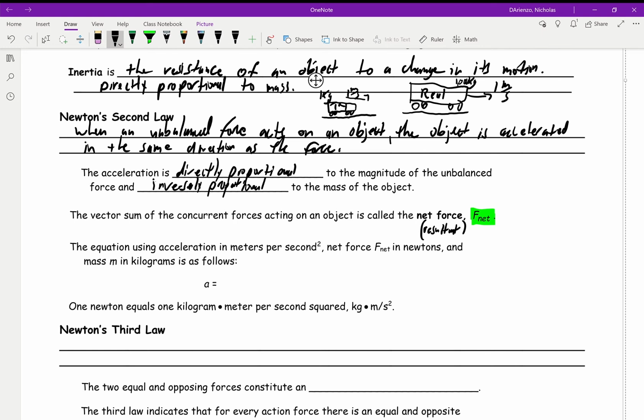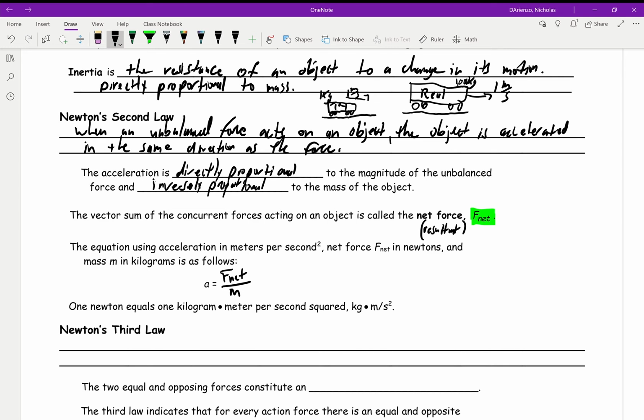Now the equation that we're going to use is acceleration equals F net over the mass of the object. Where we see the acceleration is inversely proportional to the mass in the denominator and directly proportional to the force imparted on the object, which is in the numerator.